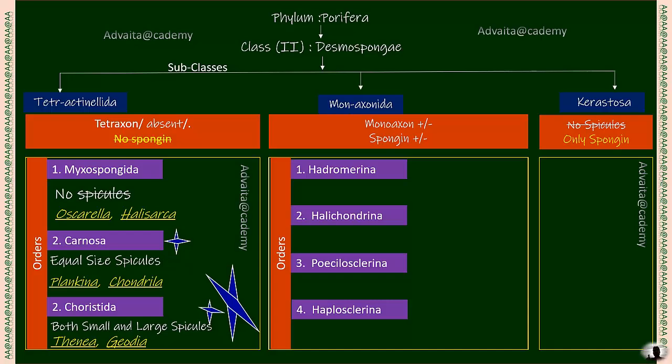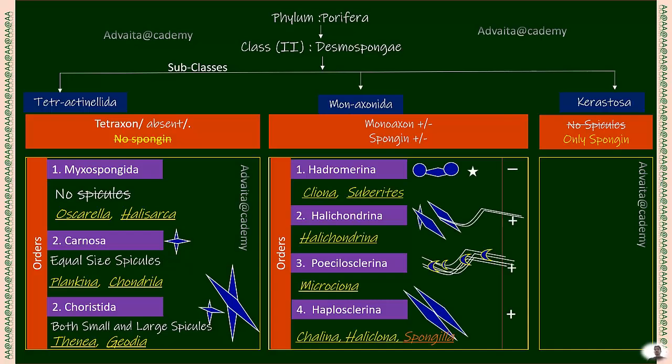Third is Poecilosclerina. Then fourth is Haplosclerina. So what are the characteristics? See here. In case of Hadromerina, there are spicules, and they are dumbbell shaped, meaning amphidiscus spicules.